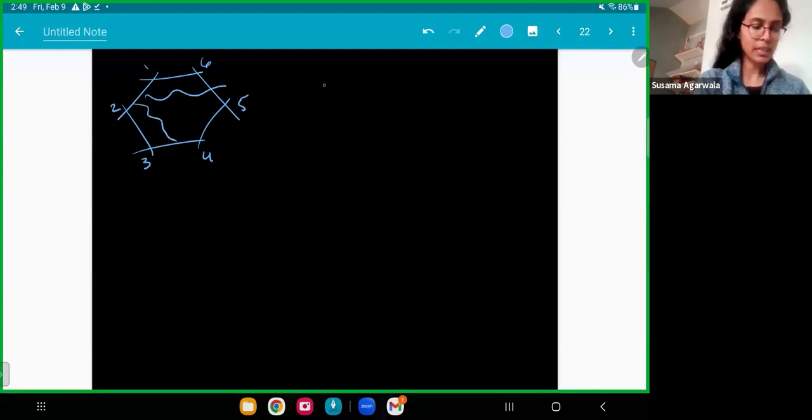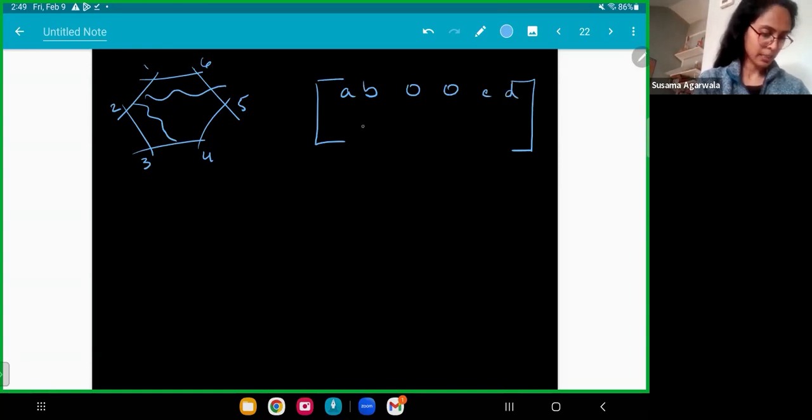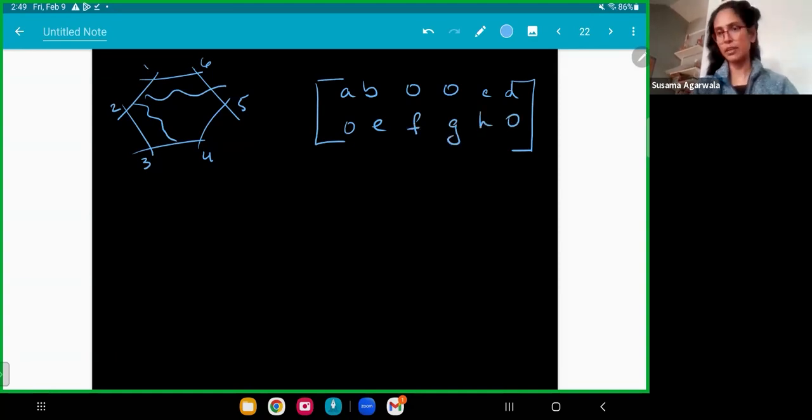One, 2, 3, 4, 5, 6, and I'm just going to do something very simple like that. And here I will not be lazy, and I will label them all separately. So I can do A, B, 0, 0, C, D, and I can do 0, E, F, G, H. Those are my 8 variables.